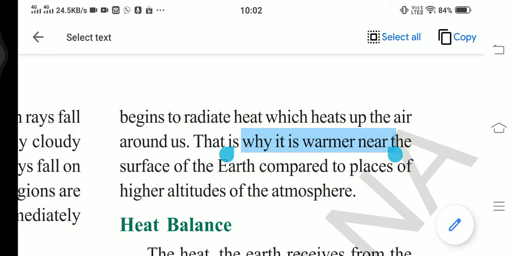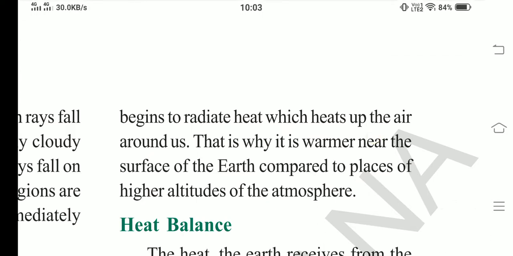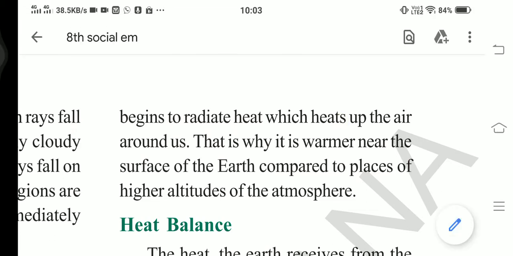You know, the atmosphere consists of different layers: troposphere, stratosphere, then thermosphere, ionosphere. What is the lower layer? Troposphere. In the troposphere, the temperature is higher than in the stratosphere, right? In ninth class you will study this again in detail.